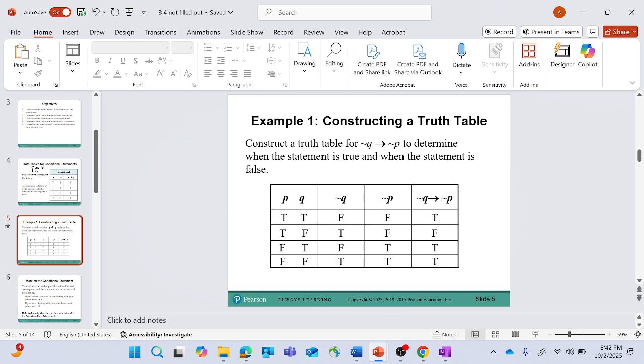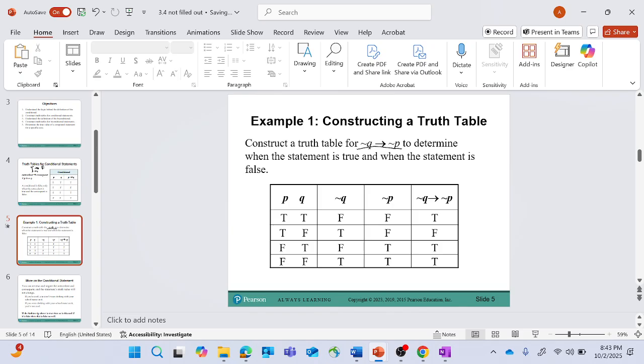All right. So now we have the column not Q. We are doing that because we care about not Q implies not P. You're starting with the actual statements themselves, and then you look at the problem that we're solving. In this case, not Q implies not P. Right, that's what I care for. Start with your statements. Go into each individual part.